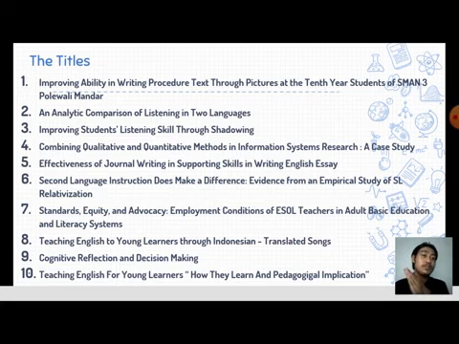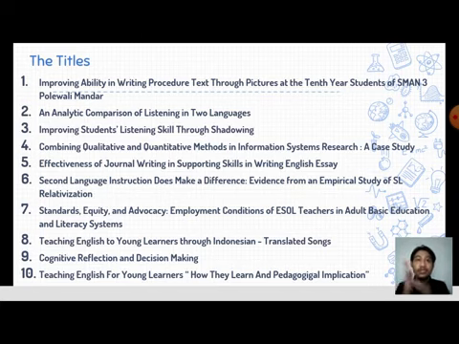Before, I mentioned and explained all of my articles, like the aim, who the writer is, where the writer works, and anything else. And now I'm going to show that all of my articles have some focus or the same focus.